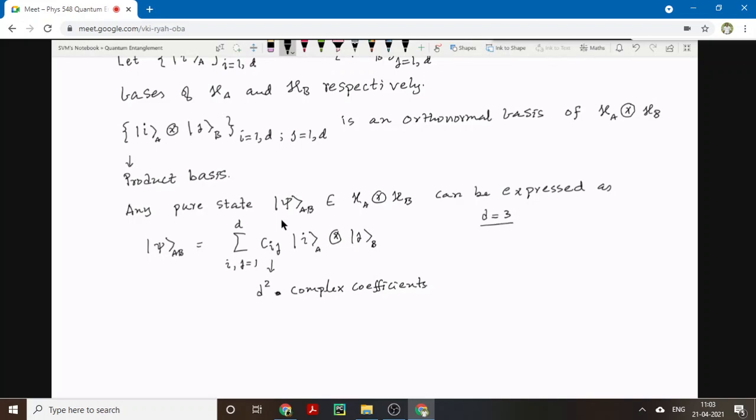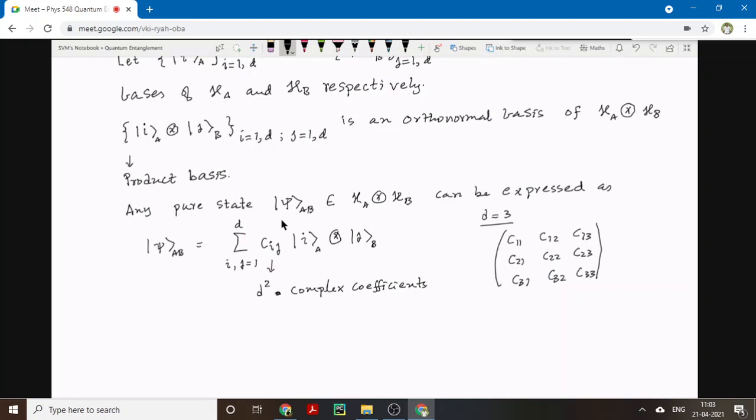Then I'm going to have C11, C12, C13, C21, C22, C23, C31, C32, C33. Okay, sir. Correct? Thank you. So in general, d square complex coefficients.